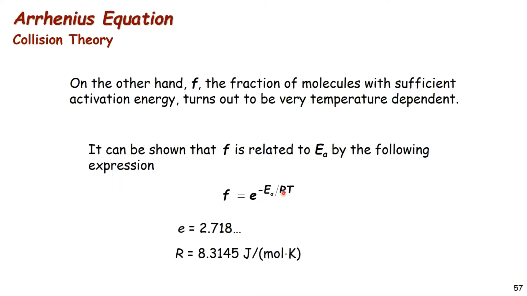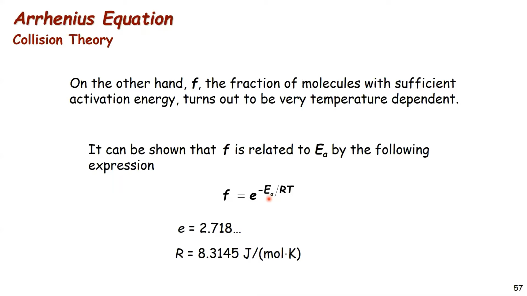But as we increase T, it's the inverse, F becomes larger and larger. So at higher temperatures, we have many more collisions with enough energy to overcome the activation barrier.